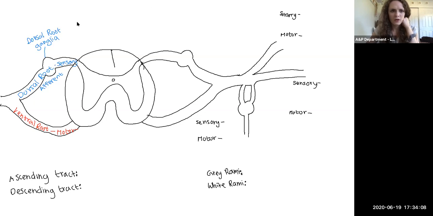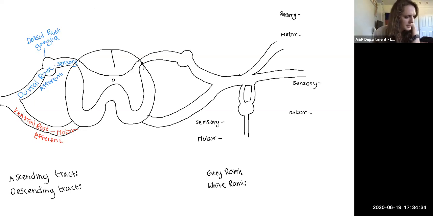With your ventral root, motor information, remember sensory is afferent, so motor is going to be carrying efferent information, meaning it's going away. So information is going to come into the spinal cord via the dorsal root and leave the spinal cord via that ventral root, because sensory information comes in, motor information leaves.